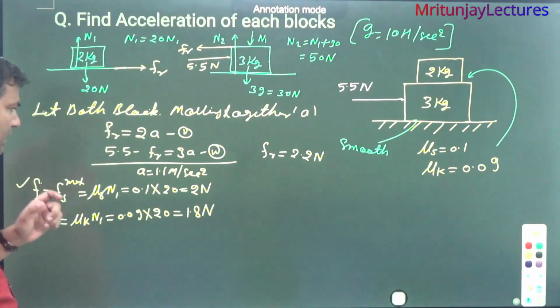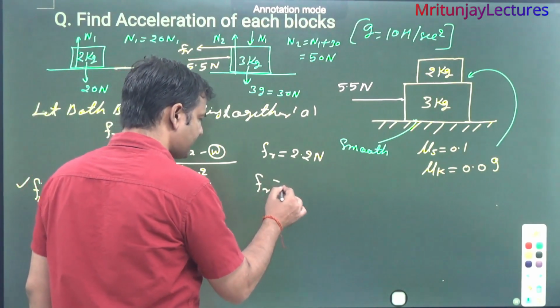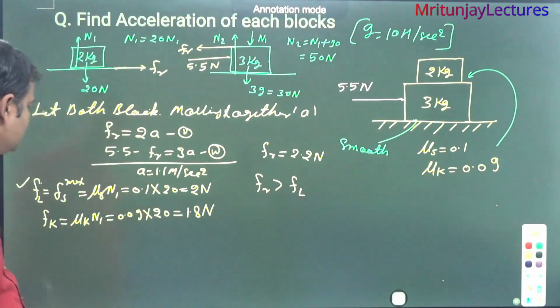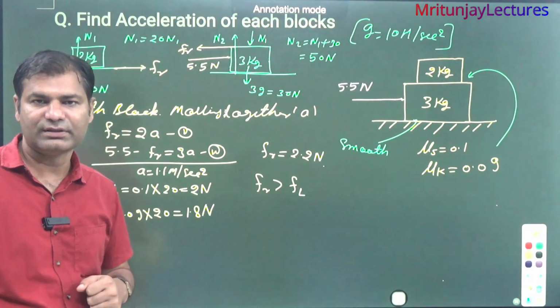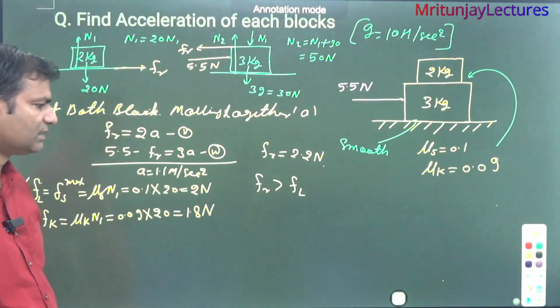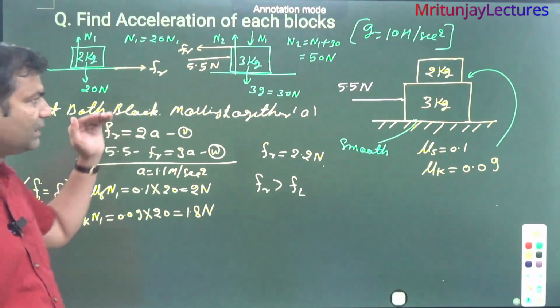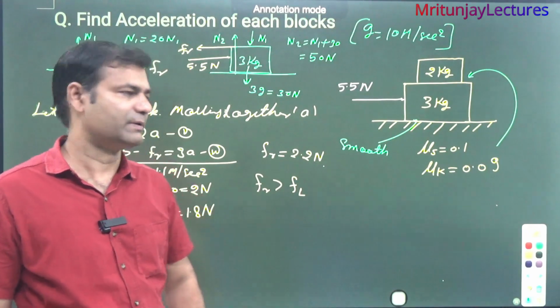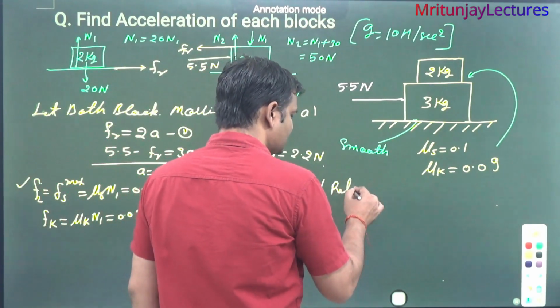Now look, Fr is greater than limiting friction. It means both blocks slide, so relative motion is possible.